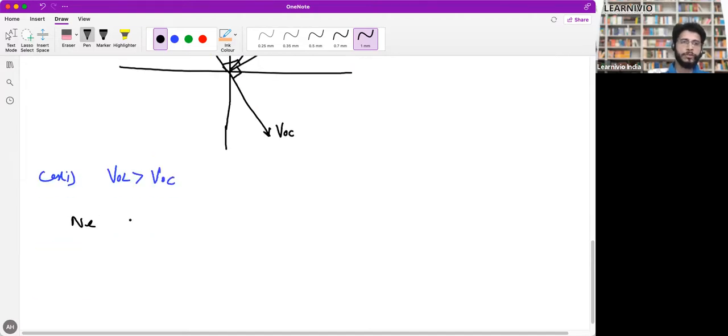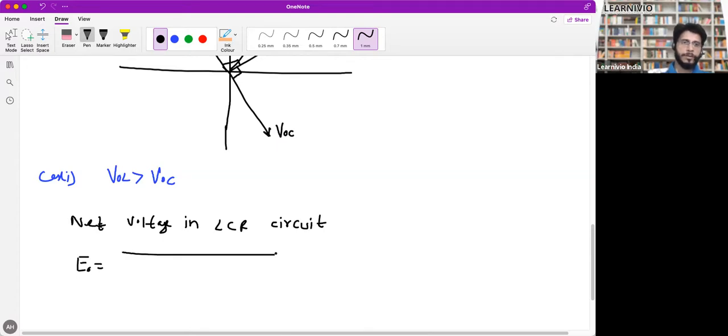So net voltage in LCR circuit, E naught is root over (V naught L minus V naught C) square plus V naught R square.